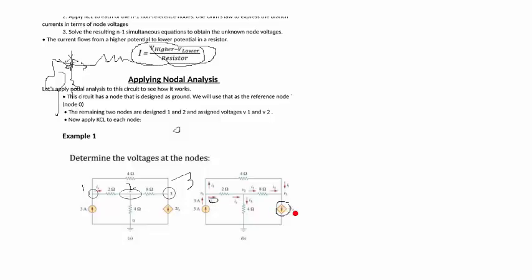Whatever value we multiply by 2 will give us the current going through this branch, from node 3 to your ground voltage.